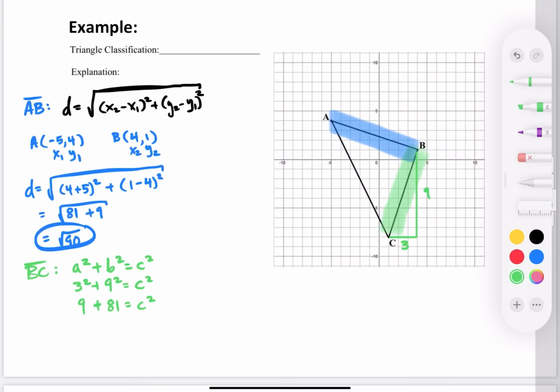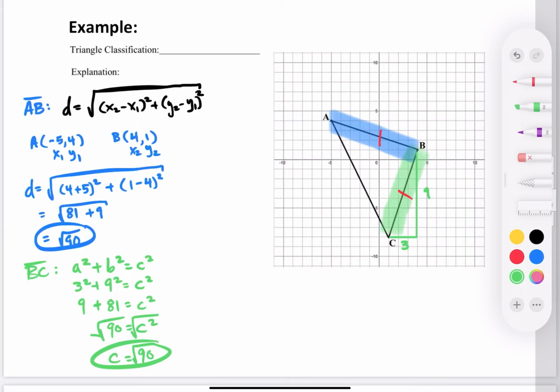And that's equal to c squared, which means 90 is equal to c squared, which means c is equal to the square root of 90, because I got to square root both sides to get c by itself. So we can see that already AB must be congruent to BC. So we already have at least an isosceles triangle. So I know that these two sides are congruent.